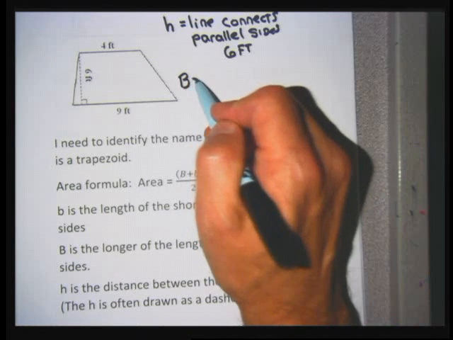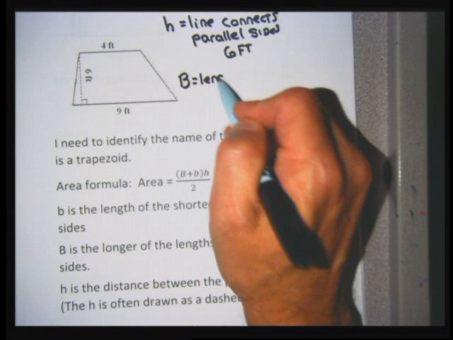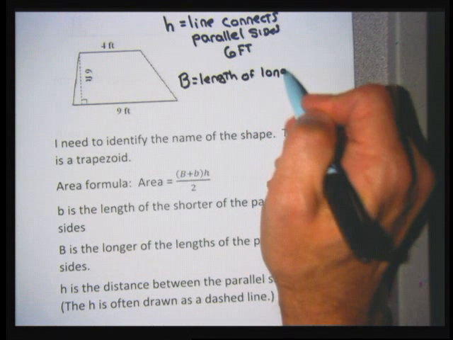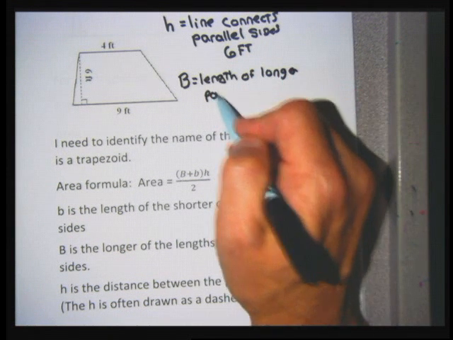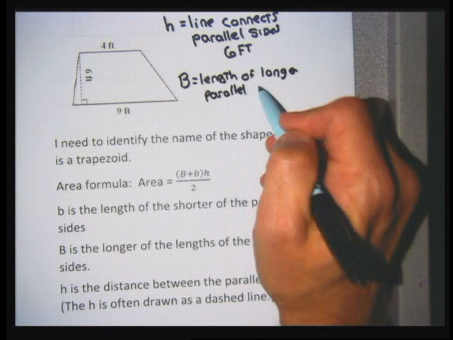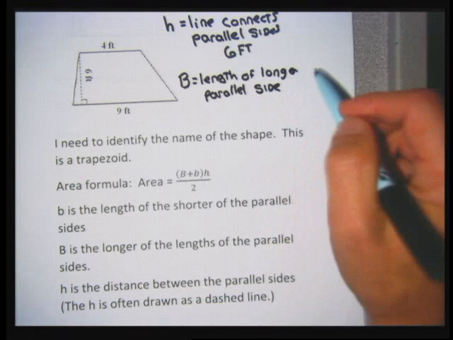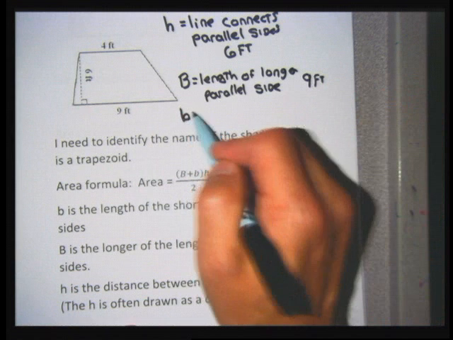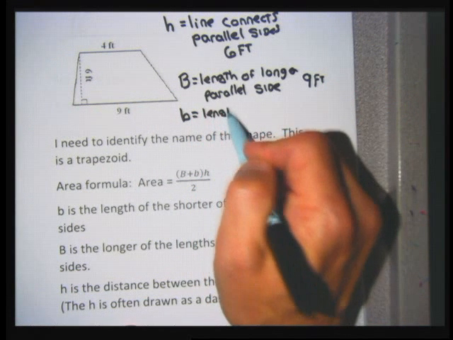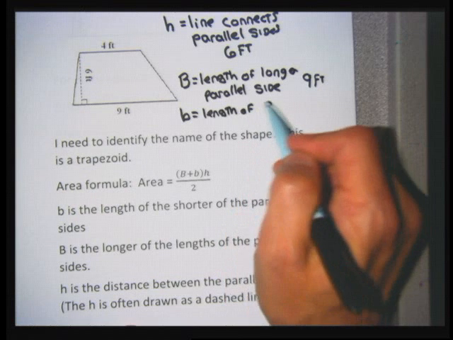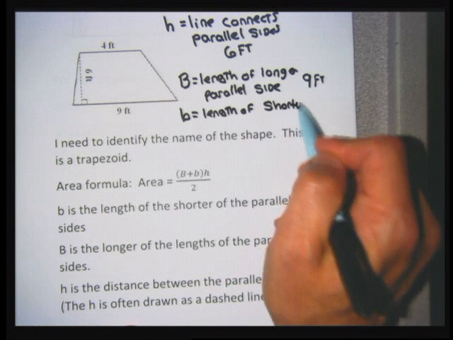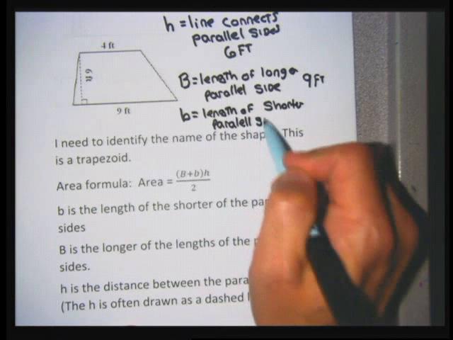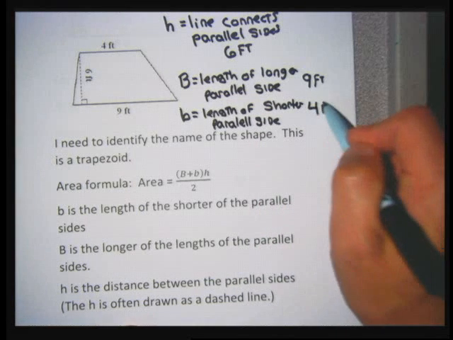The big B is the length of the longer parallel side, so for this problem, big B is going to be 9 feet, and little b is the length of the shorter parallel side, and in my problem, little b is 4 feet.